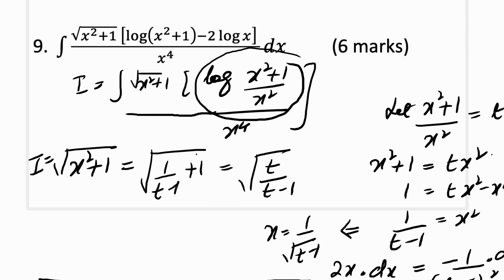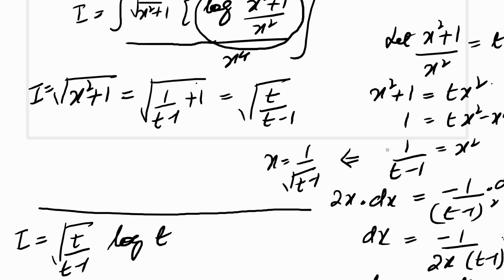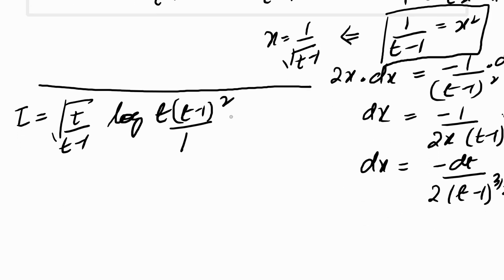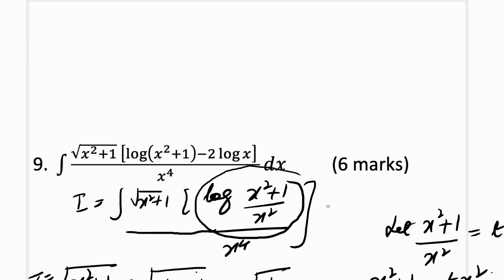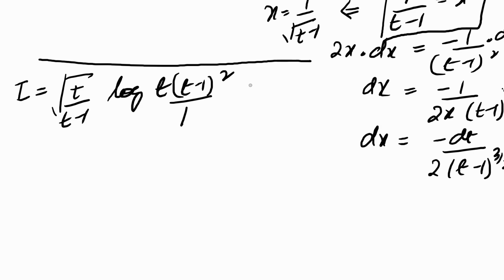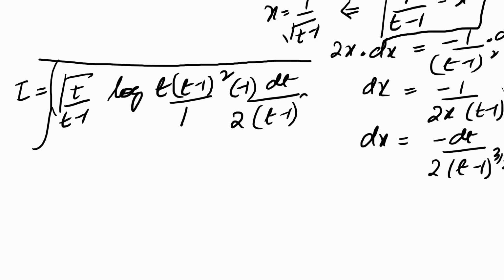And for x to the power 4, which is in the denominator, we can write 1 upon t minus 1 whole square. And for dx, what can I write down? Minus, integration sign will be there, minus 1 dt upon 2 t minus 1 to the power 3/2.